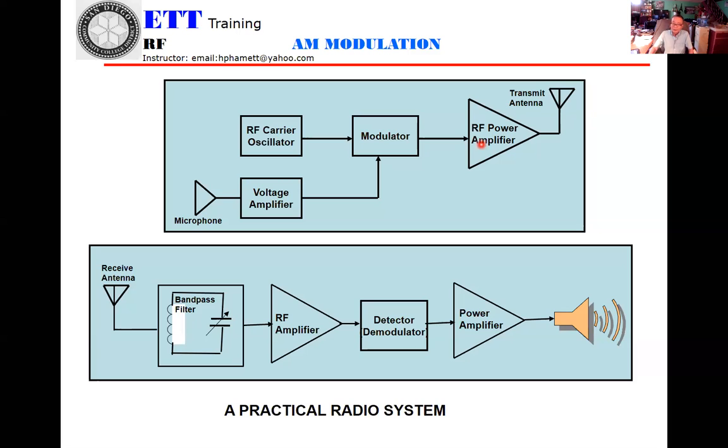Okay, now if you're looking at the receiver, that's for your radio. First thing is you have the antenna here. Receive antenna. That means how many signals are transmitted out here? 1,000. Too many. Okay?